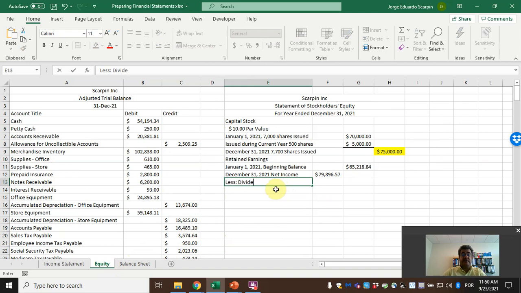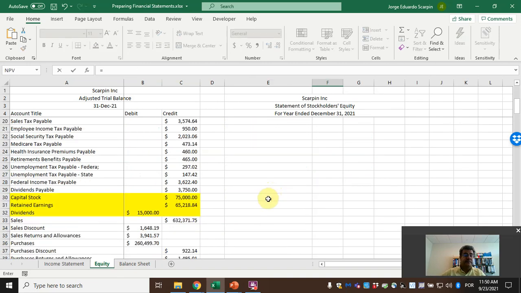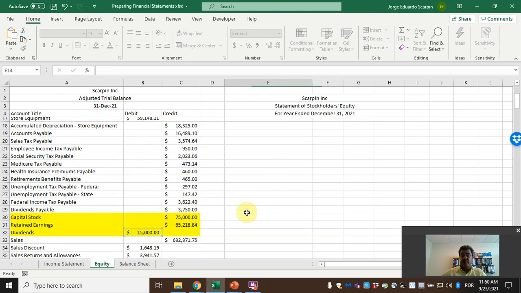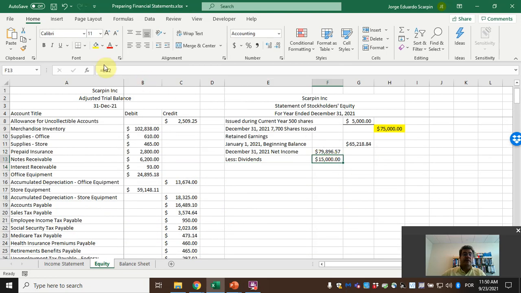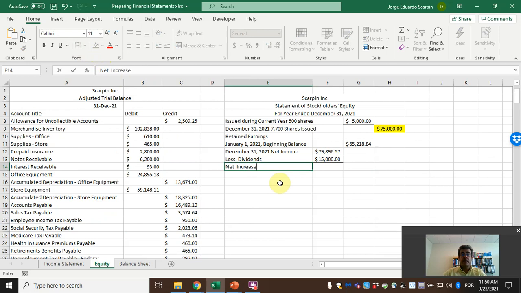Less dividends. How much are our dividends? 15,000. And so here the net increase is 79 less 15, 64.